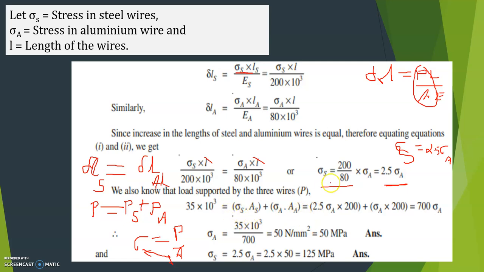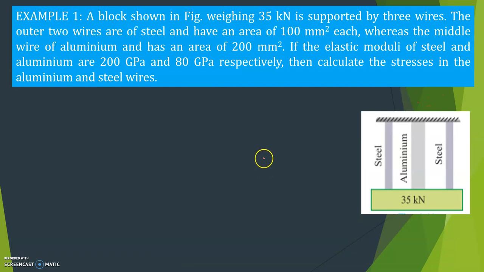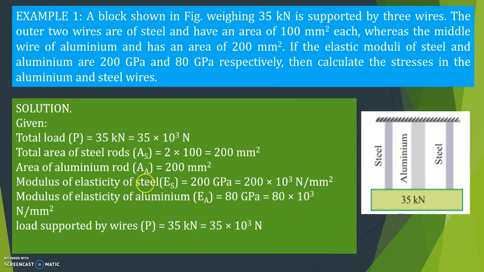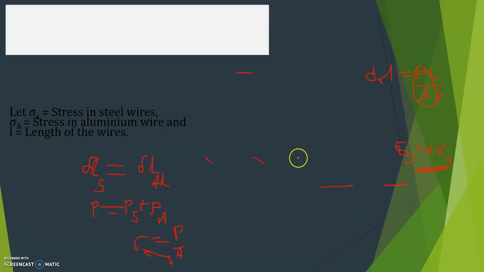Substitute: what is sigma S? Sigma S is equal to 2.5 times sigma A. Substitute that into the area of steel, which I have given at the start. The area of the steel is 2 into 100, because there are two steel wires, 1 and 2, so it is 200 mm square.